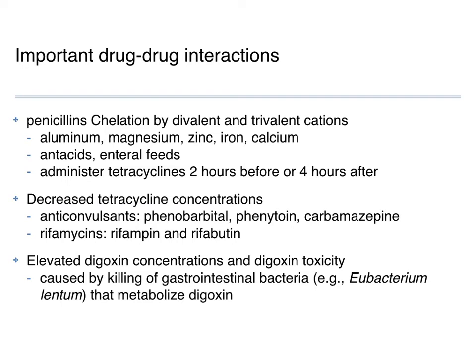So things like antacids, mineral feeds, calcium supplements, and so really the only thing to do with this, this wouldn't be a reason to avoid giving one of these agents, but you have to just make sure that you tell patients to space these drugs by a couple of hours from their antacid or their Tums, etc.